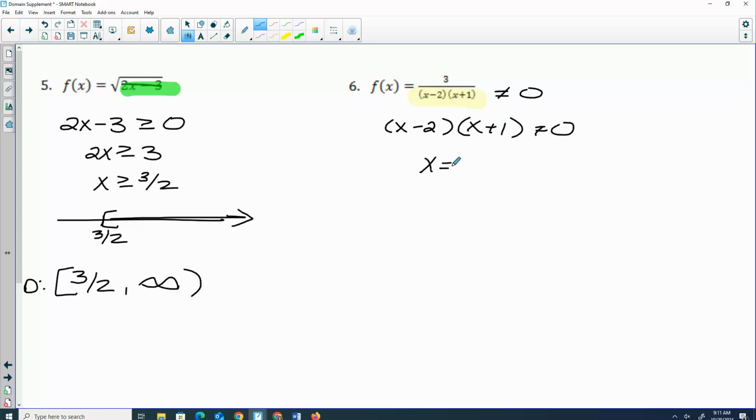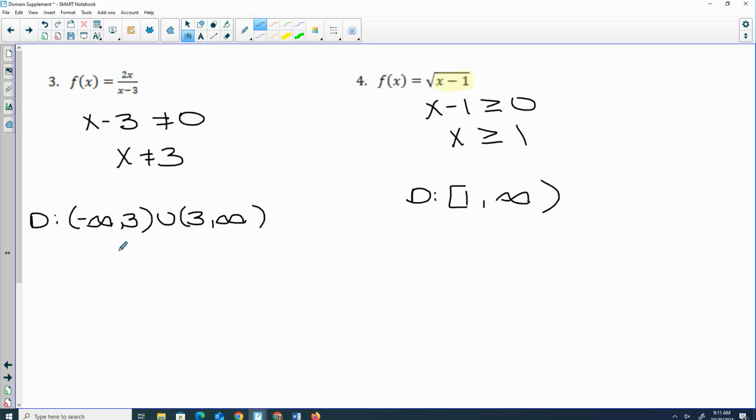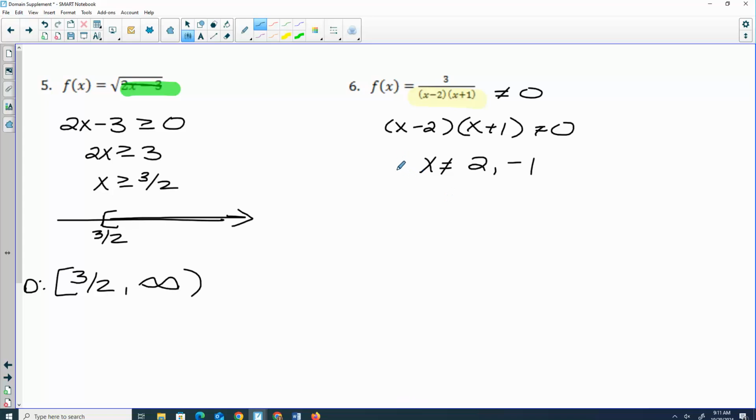So tell me what numbers x cannot be. 2 and negative 1. So we have two numbers this time that x can't be. Now, my general rule, if there is only a single number that x can't be, I want the interval notation. If it's more than 1, I will allow you to list them. So I would accept it here because it's more than one value that x can't be.